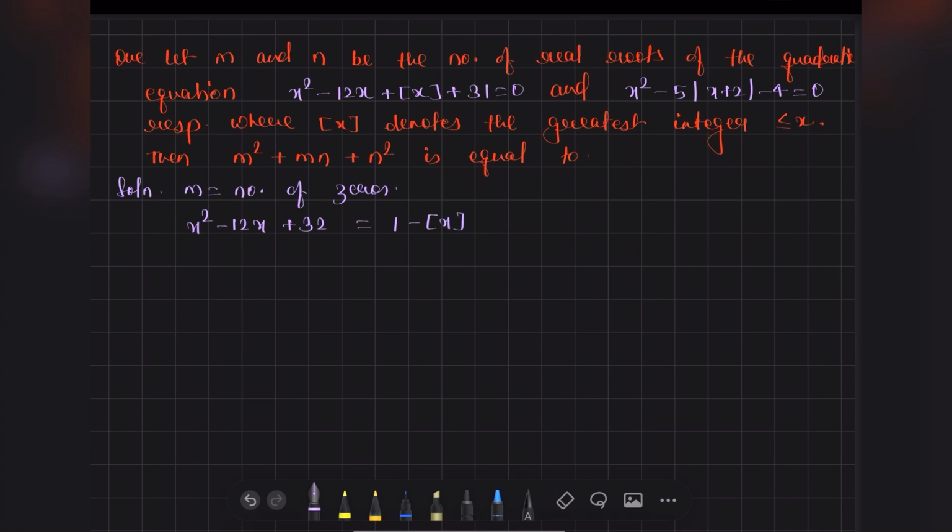So now we have to draw this function first. We will consider f of x as x square minus 12x plus 32, and later we will draw the graph of the second part.